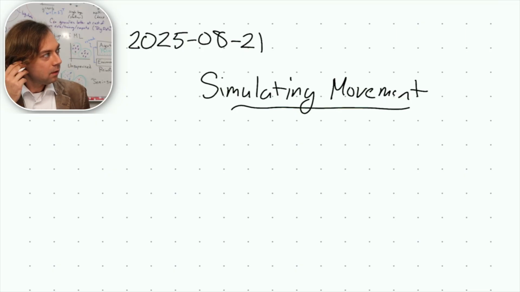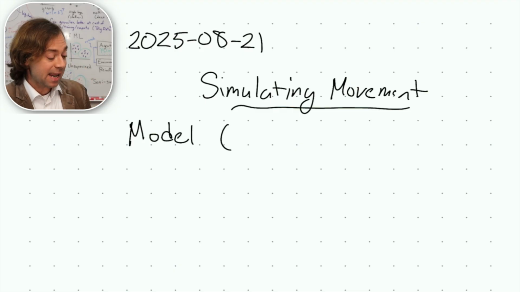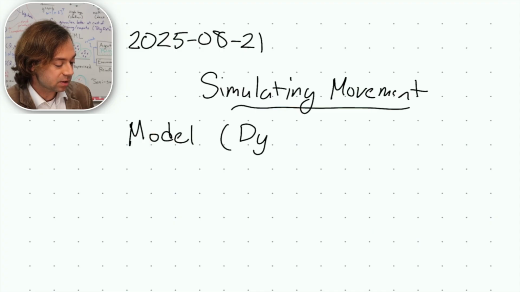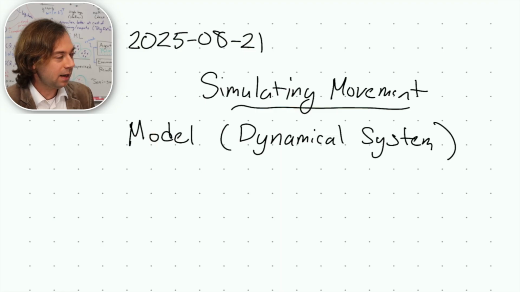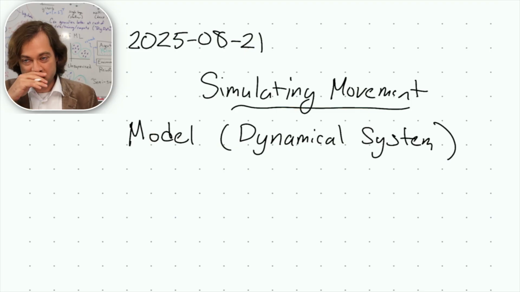The first thing you're going to need is a model, or what we call in our business a dynamical system. Okay. And what that means is we have some equation that defines how the system moves, given its current position and state and any control that you want to add.